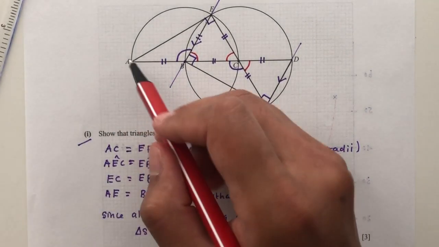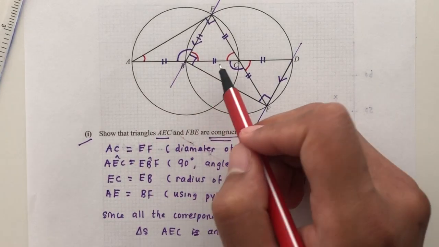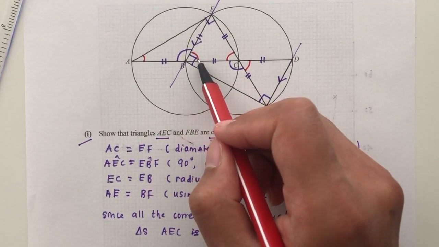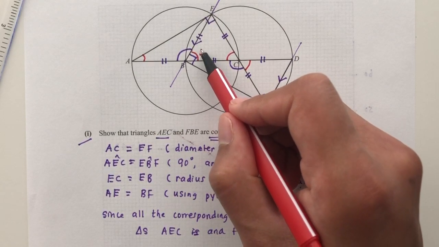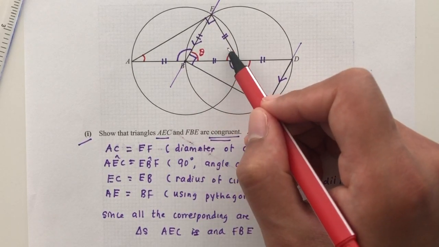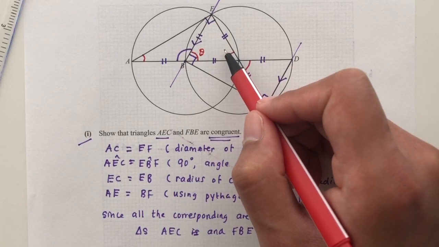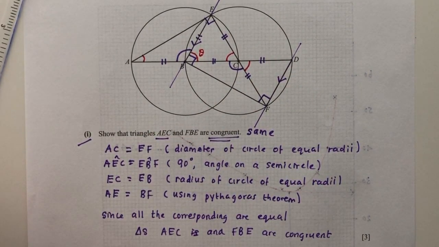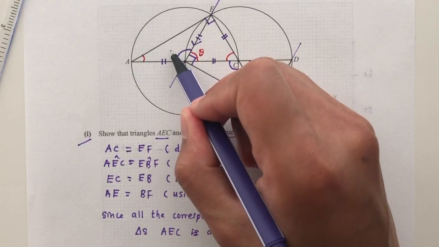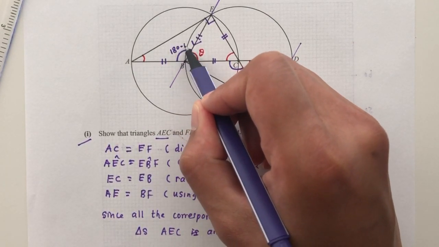So let's see what we can derive. Let's call this angle theta. This is theta. So theta, this will be what? This will be 180 minus theta. Right.